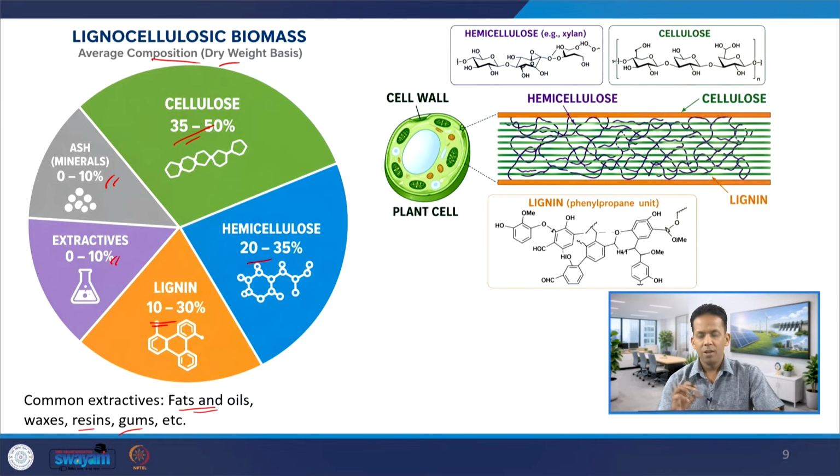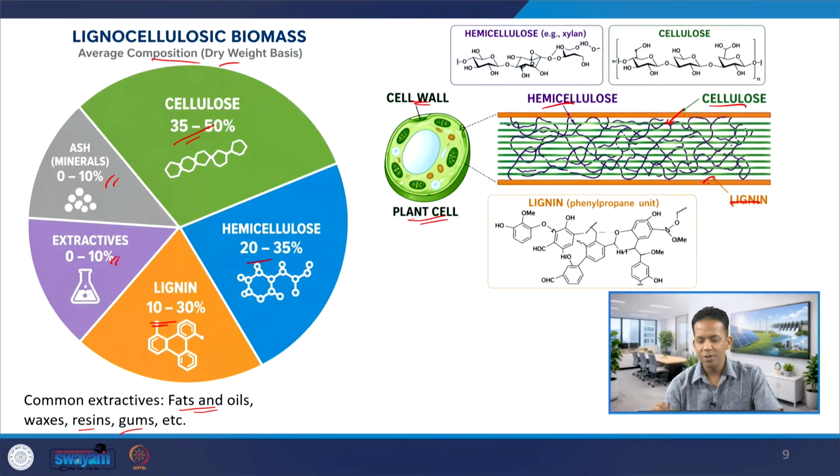If you look at the structure of a plant cell wall, if you zoom in on the cell wall, you will see hemicellulose, cellulose and lignin existing in this form, where the walls of the cell, actually this is lignin, and these green lines are cellulose, and these thin threads represent hemicellulose.